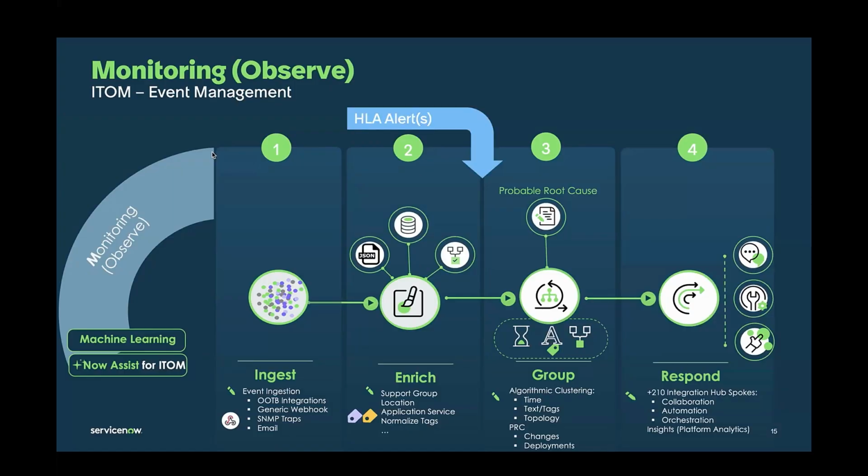The next piece is the respond piece. Once we know what's wrong and who's responsible, we shift to response automation. We're leveraging, again, the 200 Integration Hub spokes that we have today, from the Creator Workflow business unit, to automate these tasks, whether it's collaboration with your teams in Slack and things like that, or remediation with tools like Ansible, Puppet, Chef, or escalation.